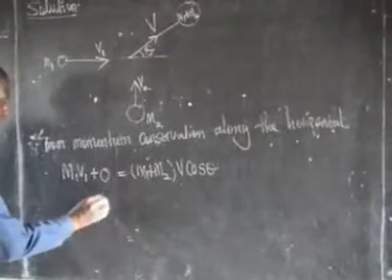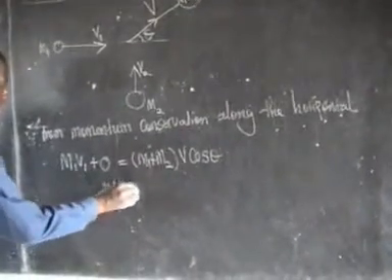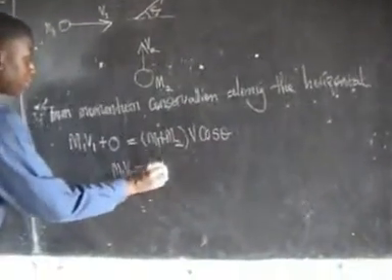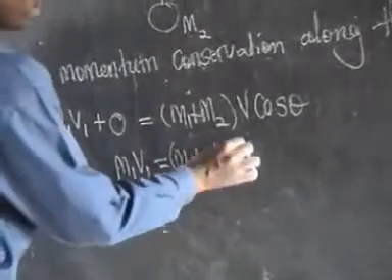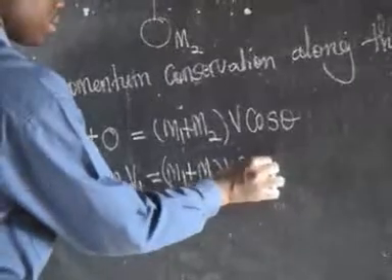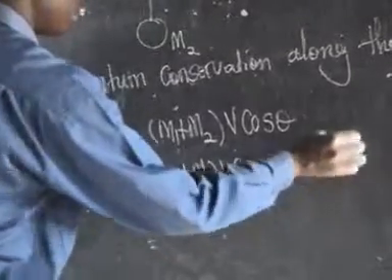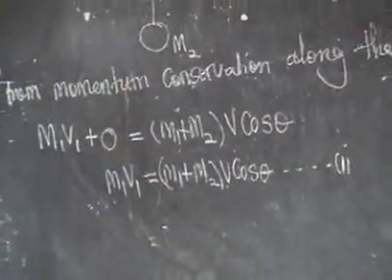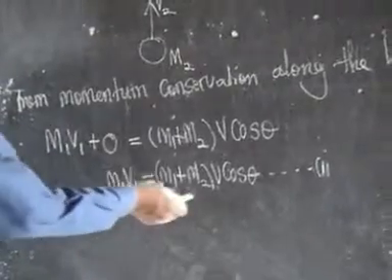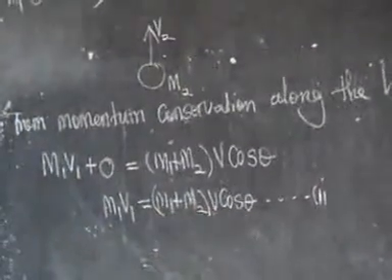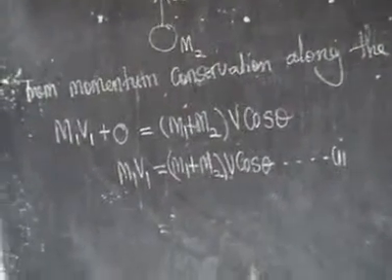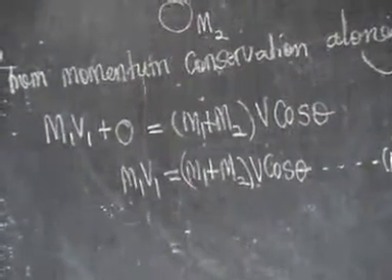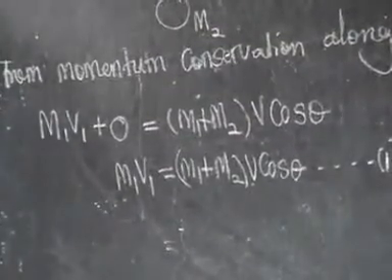Or we can have our m1 v1 is equal to m1 plus m2 v cos theta, and that is our first equation. So we are having two unknowns, v and theta. So you have to think of a second equation, and that is obtained by conserving momentum along the vertical.